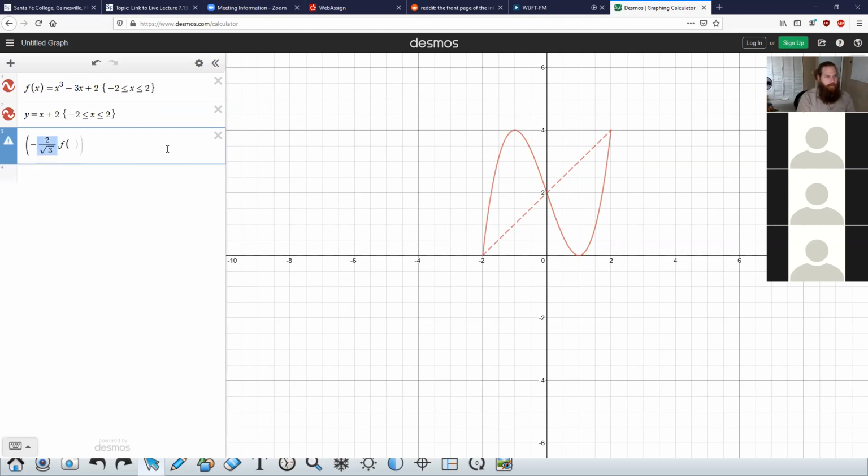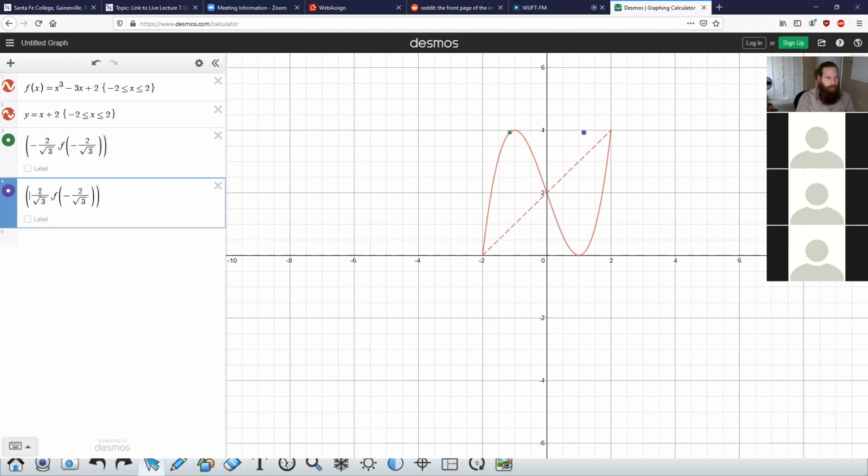I'll just copy paste it. And then the other guy is at the positive 2 over root 3. So if you look at the slope of the tangent line right here, that tangent line will be parallel to this secant line.